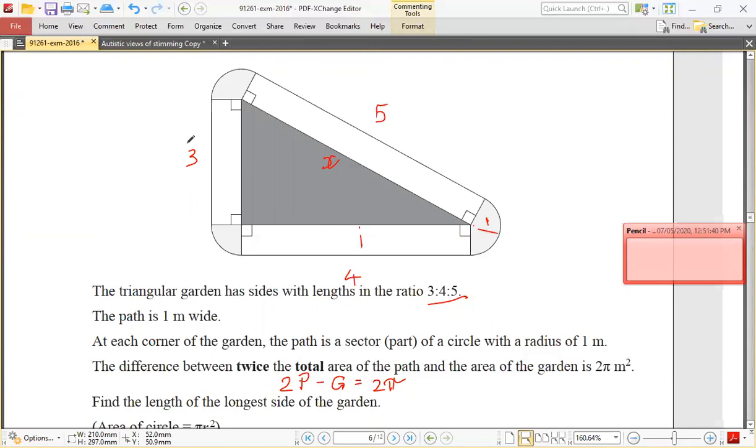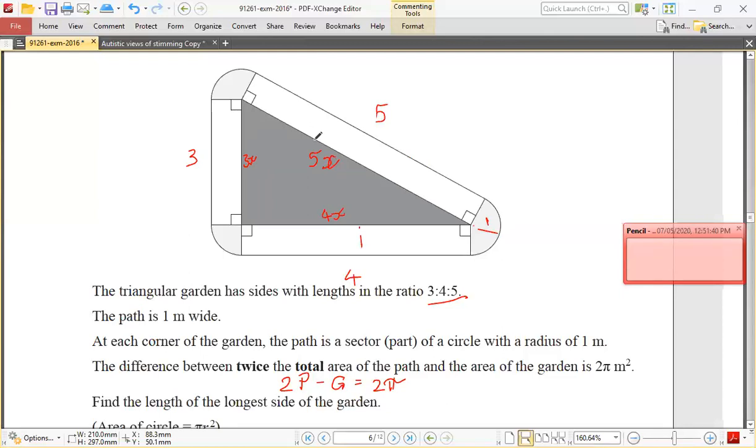And it starts getting messy. So what's easier is saying this side is 5x, which means this side is 4x, and that side is 3x. So whatever the length of that side is, if we find x, the length of that side is going to be 5 times it.